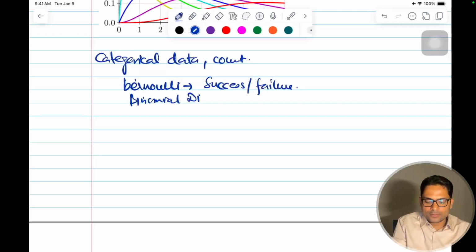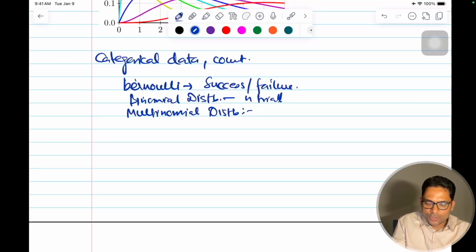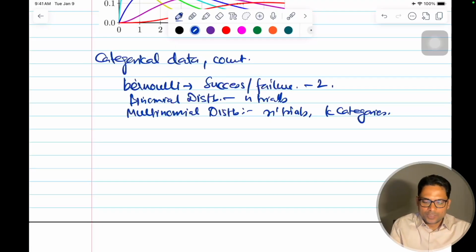Similarly, the extension of binomial is the multinomial distribution, where you have n trials, but here you have k categories instead of only two. So these are the known distributions.